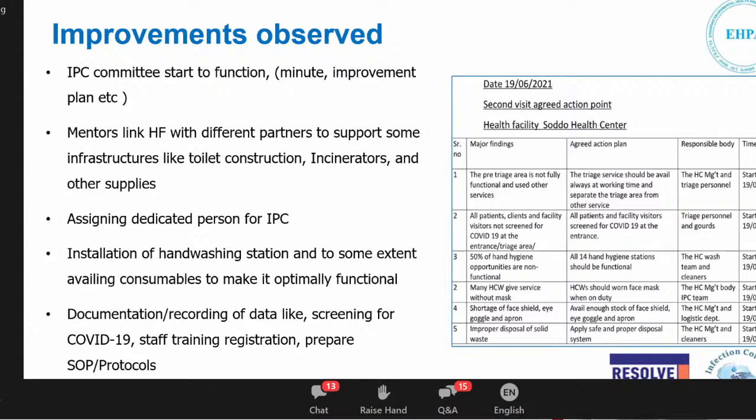Next is assigning a dedicated person for IPC. Initially IPC was not well focused, and IPC focal persons were not trained and not assigned.